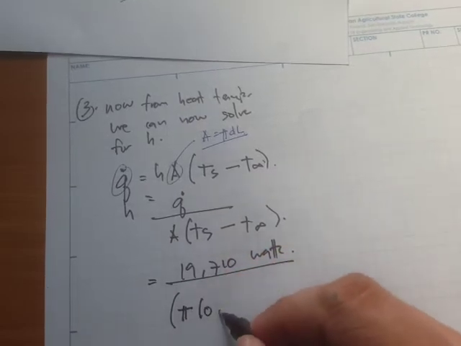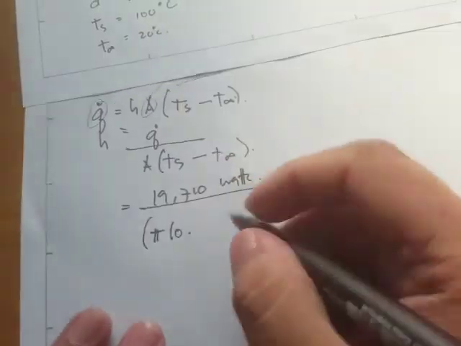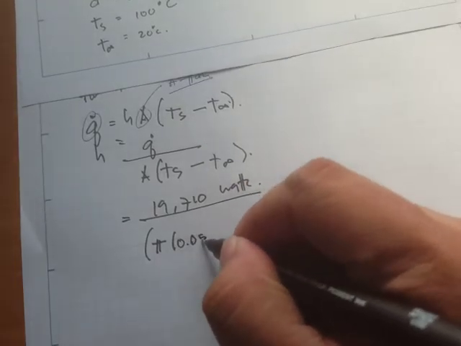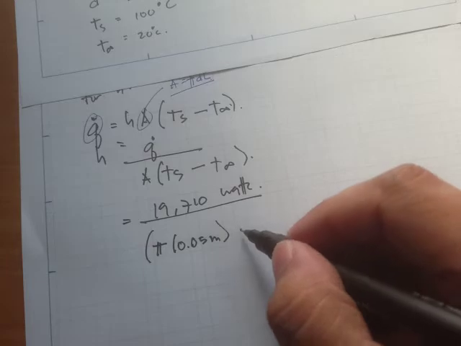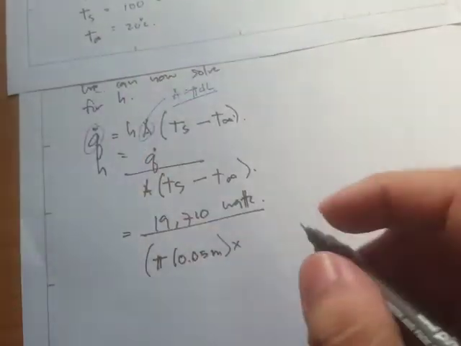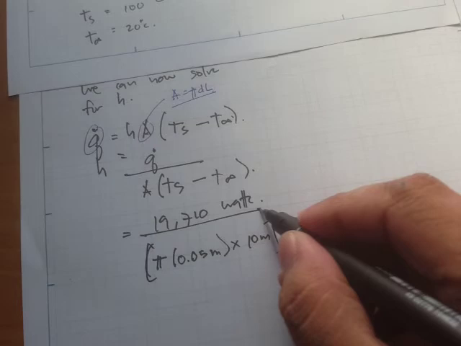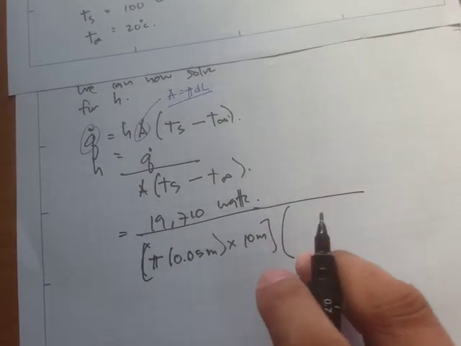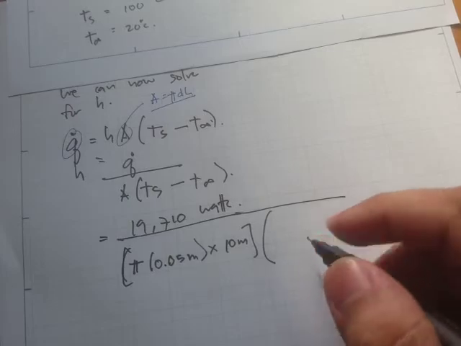And what is d? This is 0.05 meters, times the length. What is the length? 10 meters. Times the surface temperature difference.